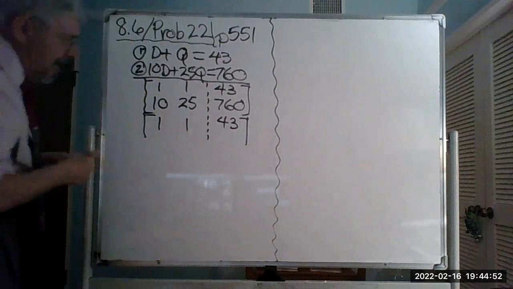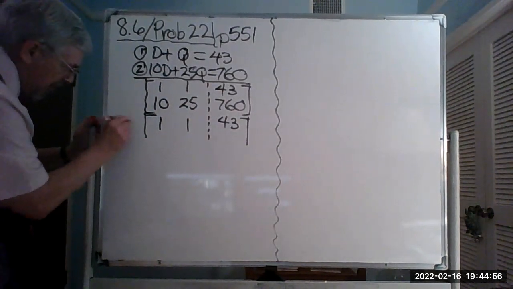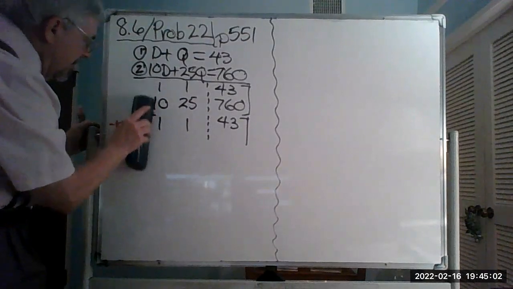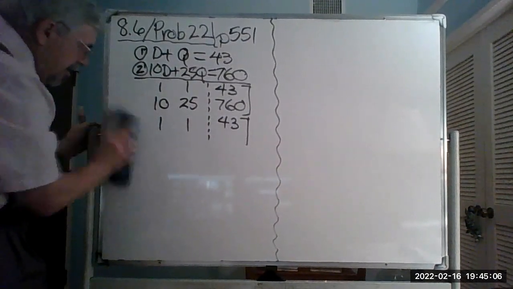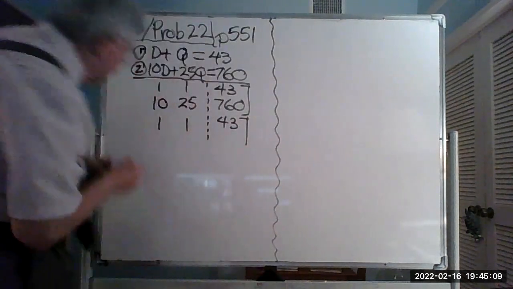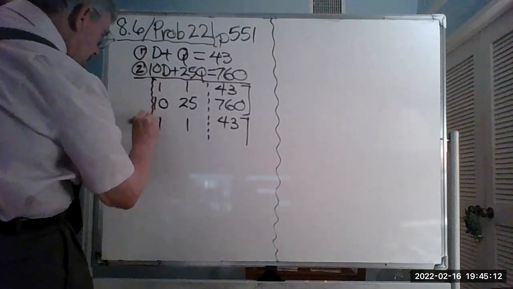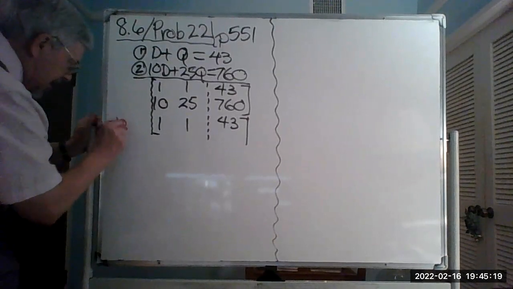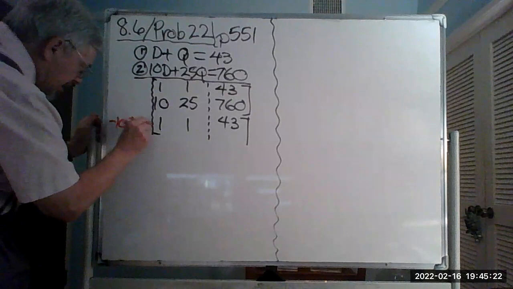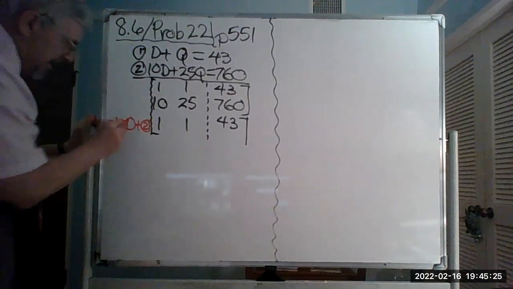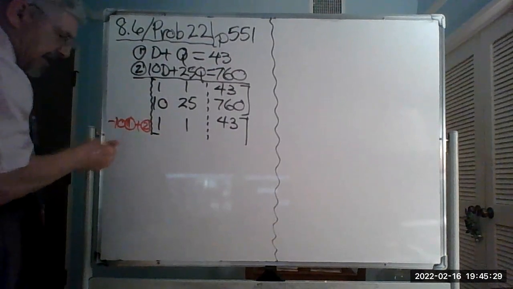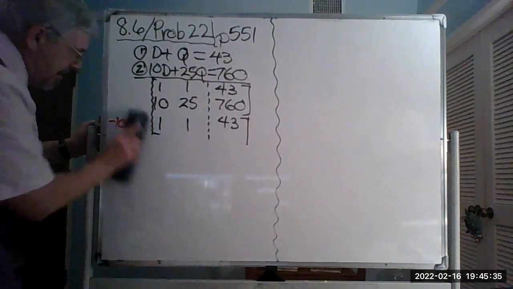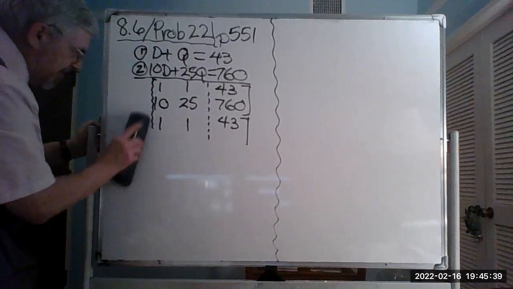So I'm going to say what I'm doing right here. I want -10 times row 1 plus row 2. Let me get some more room right here. Oh, I know, I messed myself up right there.